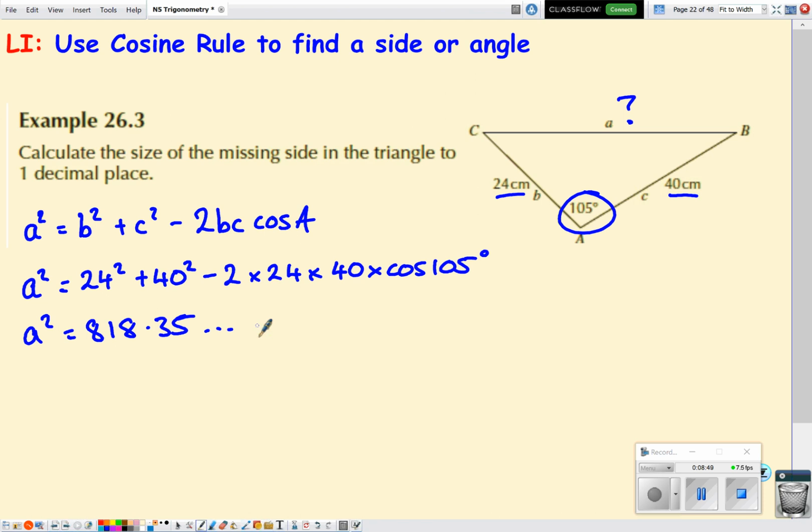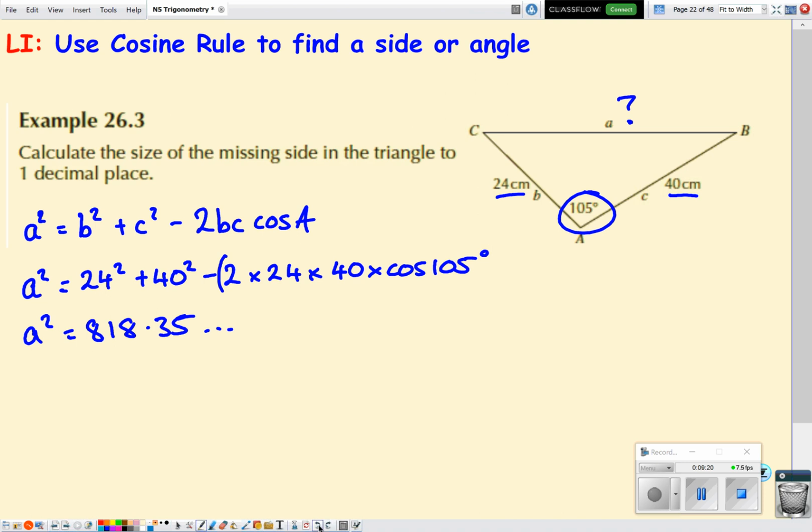Now, if your calculator works in a bit more of a peculiar way, you may not get that answer. You may get something different to 818.35. If you do, and you're not sure why, will you please get in touch with me, because some calculators work in peculiar ways and you might need to introduce brackets around the subtraction, for instance, around here, in order to get it to calculate properly, or you might even have to do it in two stages.